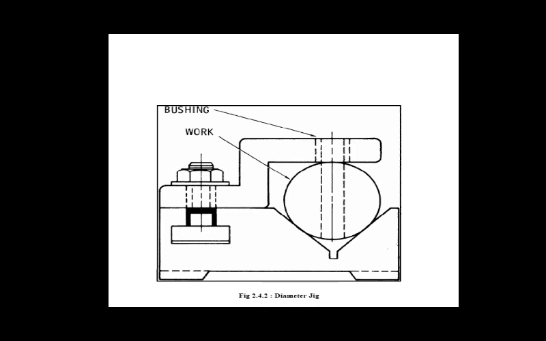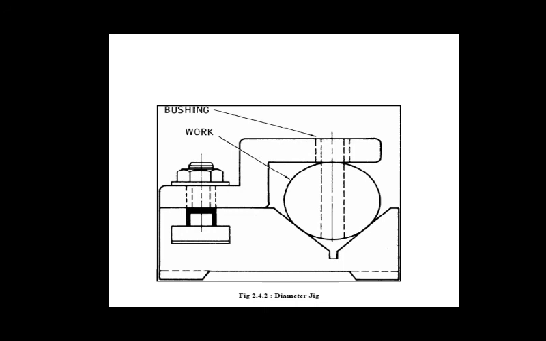And whatever drill bushes are there, they are fitted into the plate, which is also known as a leaf. And the next type we have seen is the angle plate jig, which is used to hold parts that are machined at right angles to their mounting locators.